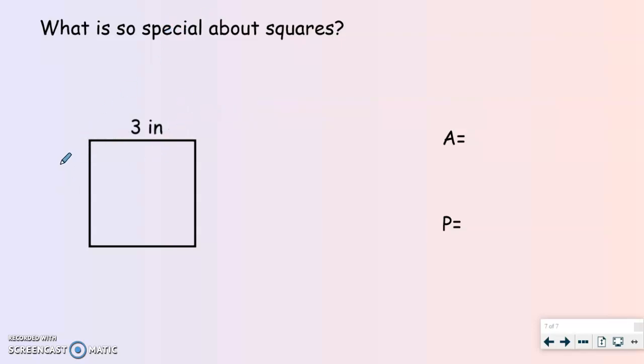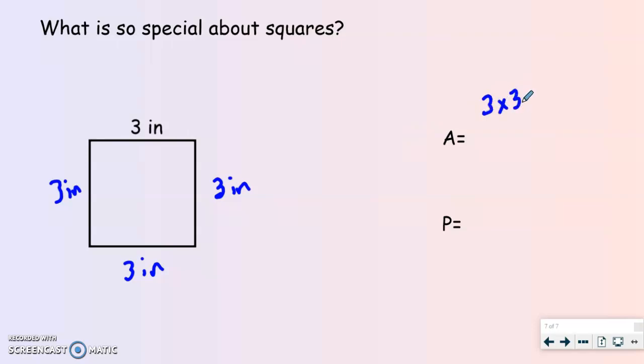So again, the special property about squares is that every single side is the same. So I know that each of these is 3 inches in length. And because I know that, now I can figure out area and perimeter pretty easily. Area is length times width, so 3 inches times 3 inches.